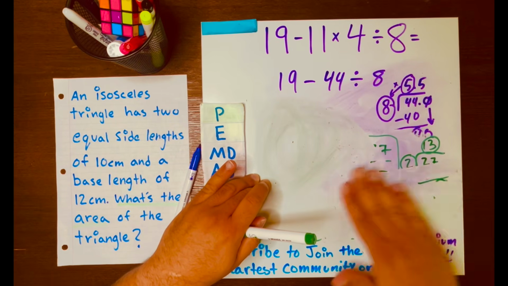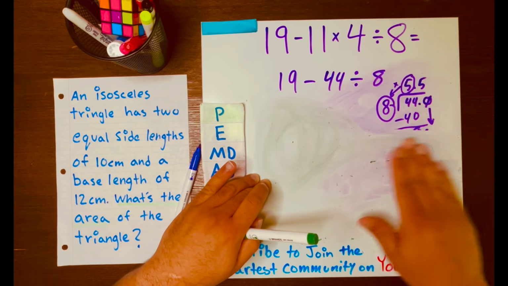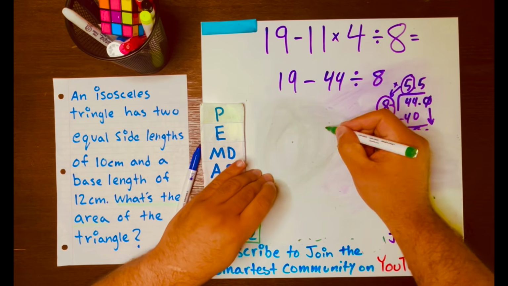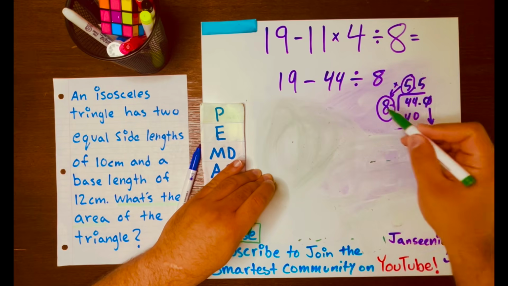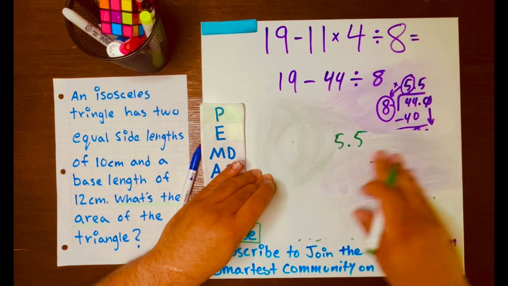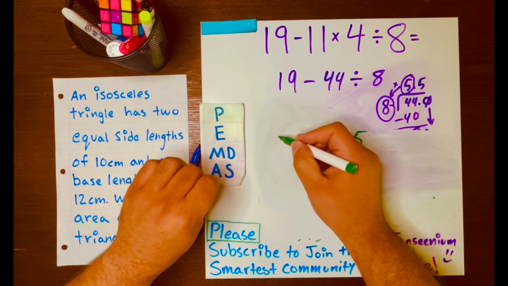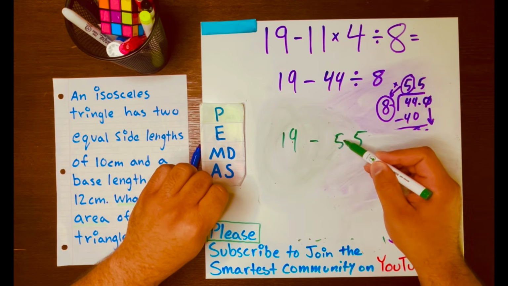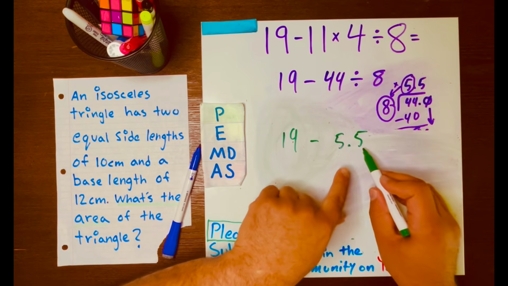And I'll continue solving the earlier part of the video where I divided 44 divided by 8, and then we got 5.5. And here's the tricky part. So yes, you do subtract 19 minus 5, but notice that you have 0.5.